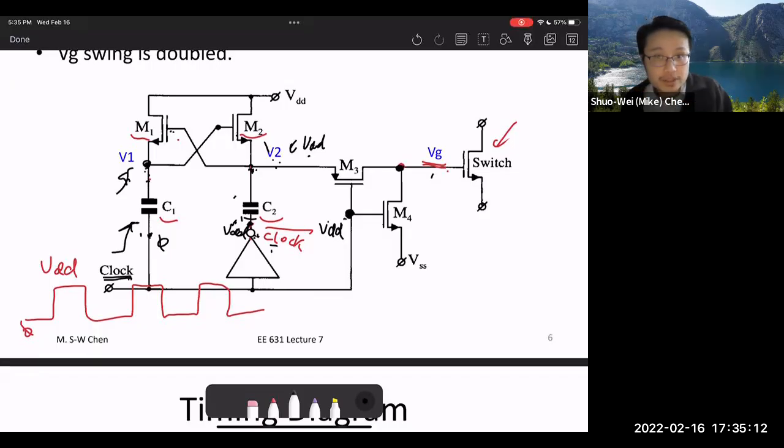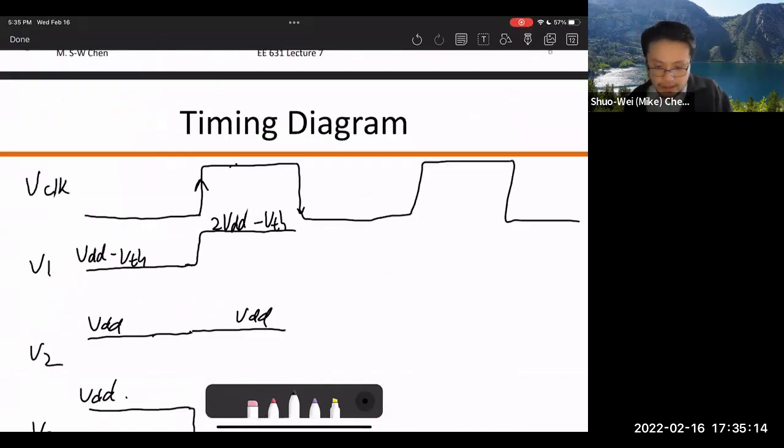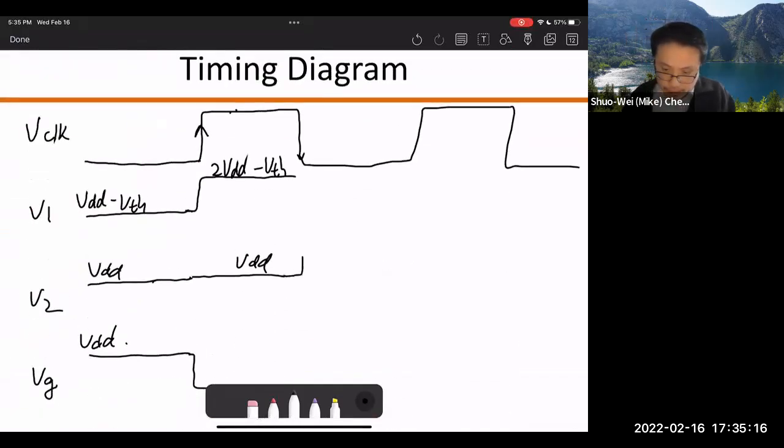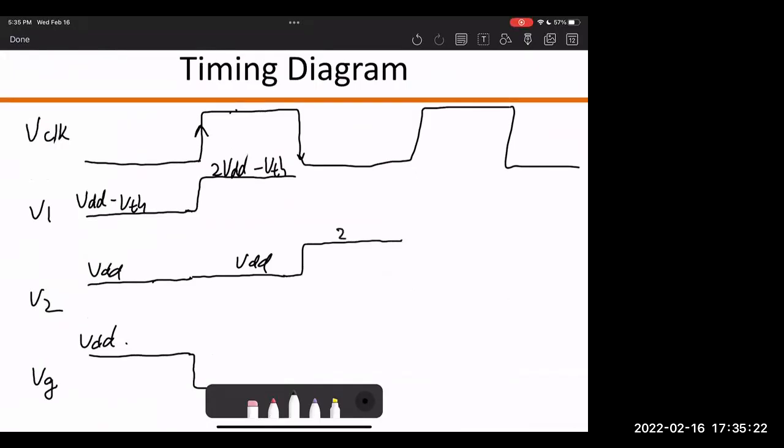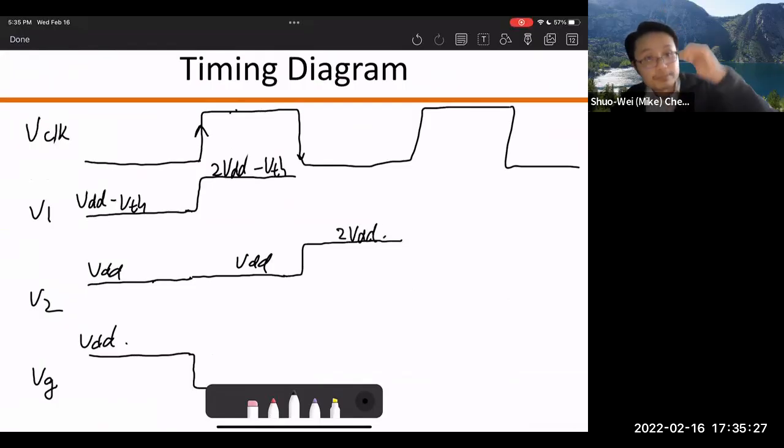So that means that V2 before was VDD, and now it will get pushed up to how much? 2 VDD, right?